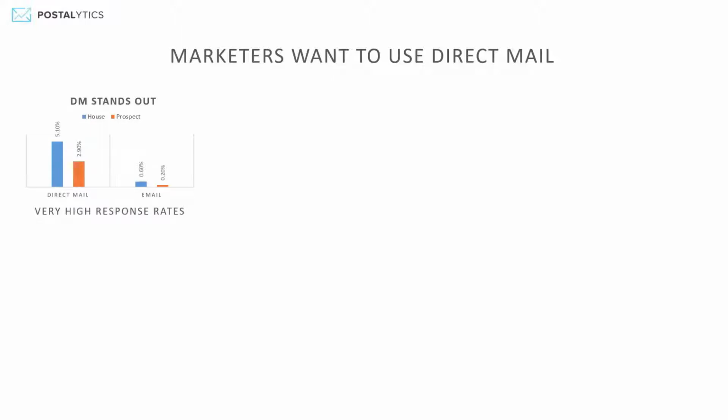According to the Direct Marketing Association, response rates for house lists, meaning lists where there's an existing relationship with a client, averaged 5.1% in 2016, and prospecting lists averaged 2.9%. Those are really high response rates, especially compared to email marketing.